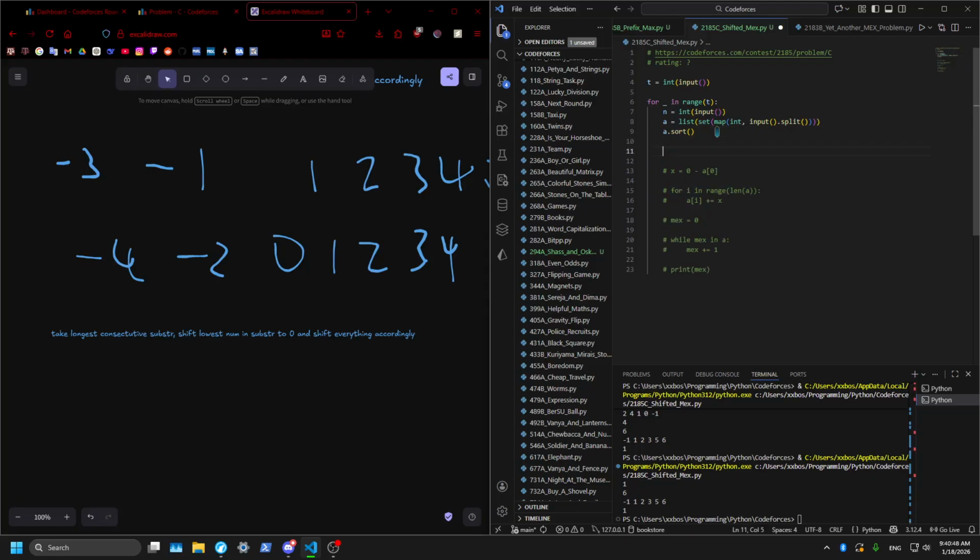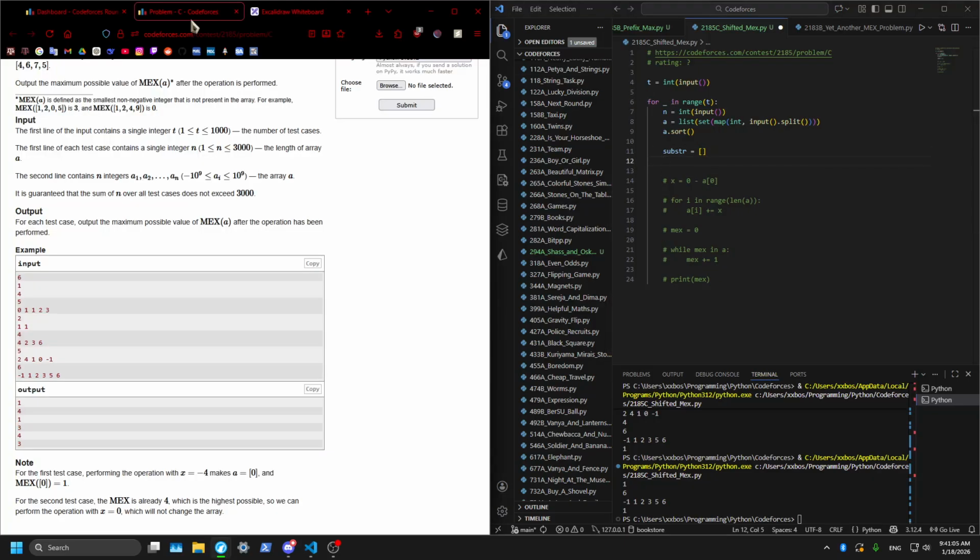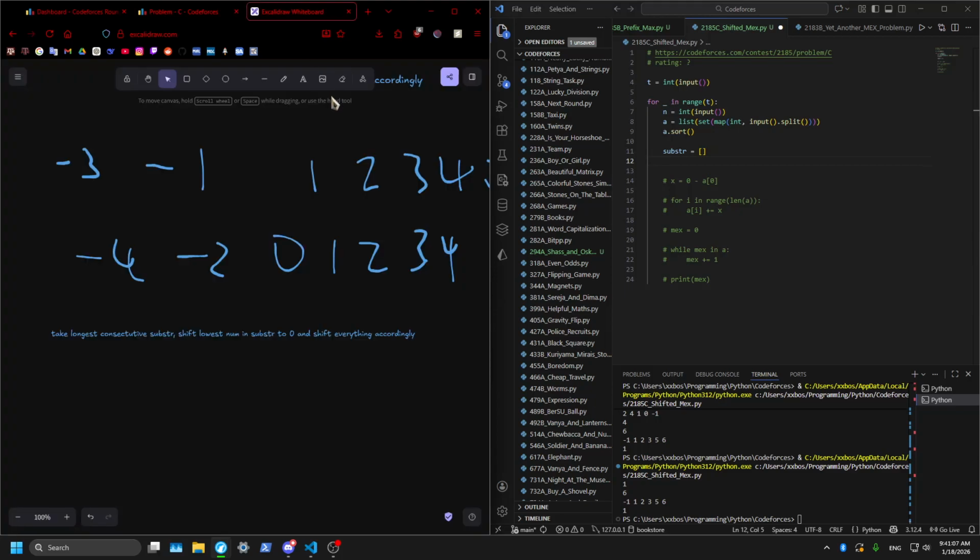Starting from here, getting the longest consecutive substring equals. Okay, what's our time looking like? Still have an hour. It's not bad.